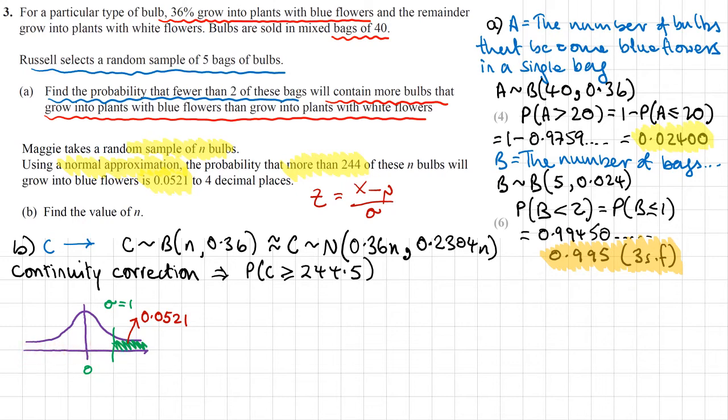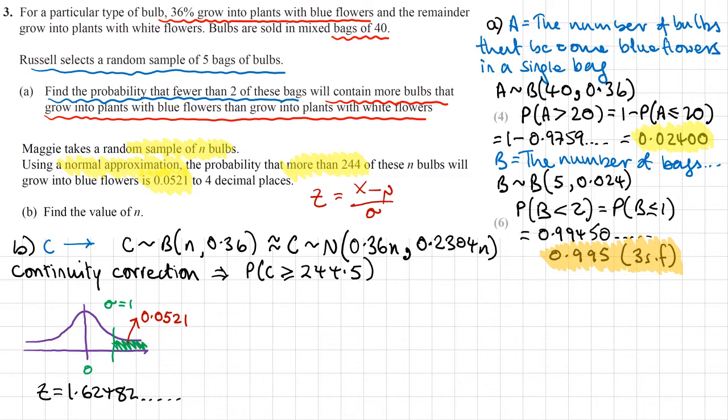So for area, I'll do 1 minus 0.0521, which is 0.9479. The variance as 1, standard deviation as 1, the mean as 0, and that will give me a Z value equal to 1.62482 and so on.